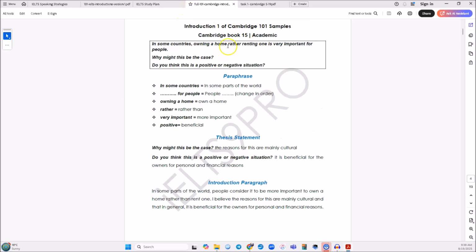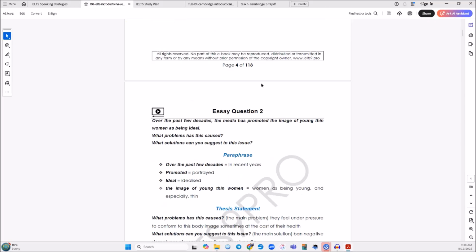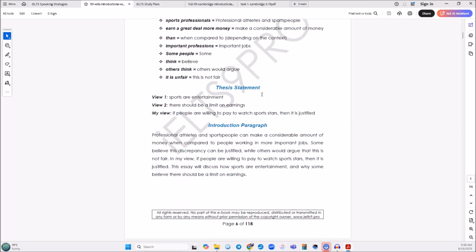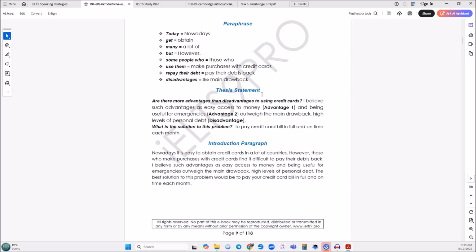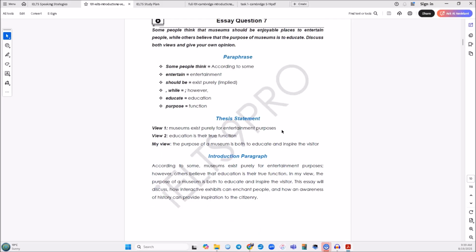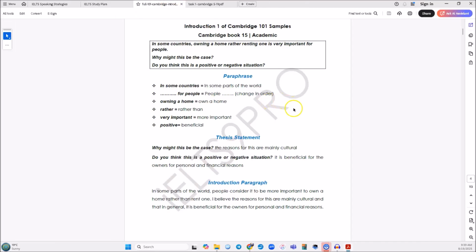So you've got owning a home and then transport delays. And this one here doesn't have a sample essay. This one called 101 IELTS Introductions Version 1 doesn't have sample essays, just the introductions, but it breaks it down: the paraphrasing, thesis, etc. But if you want the sample essay book, then you want this full 101 Cambridge Introductions.